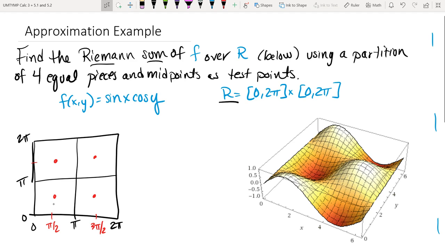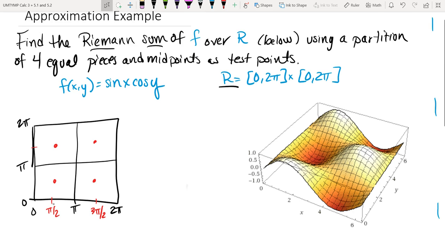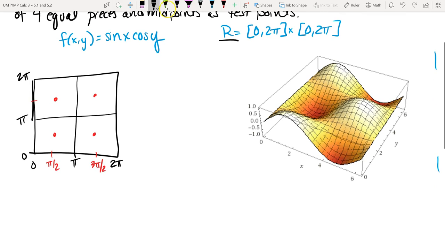Okay, so to find the Riemann sum here, the Riemann sum is equal to, by definition, the sum over i and j from 1 to n of f of Cij, times delta x, delta y.